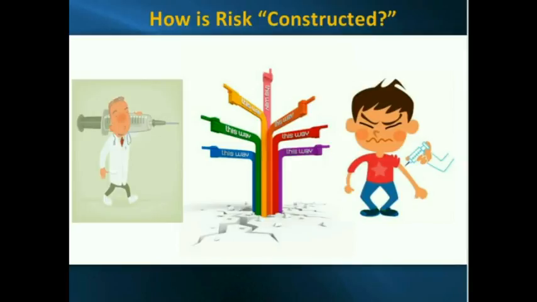So the point here is that risk information is not just facts. It is a construction of multiple interpretations by multiple agencies and groups in the system. And therefore, the effects of that communication of risk are likely to be influenced by how that information is interpreted by the social groups and the context in which the interpretation is taking place.